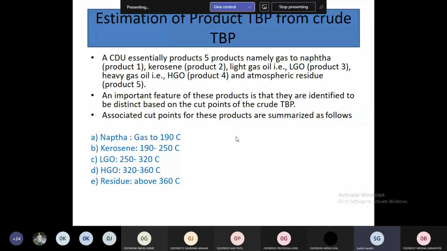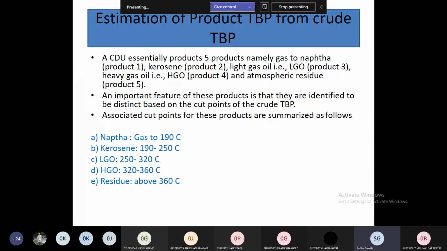So for the volume collected, maybe if I am saying for naphtha, I am able to get 50% of the crude oil distilled below 190 degrees centigrade itself, then what is the significance of that number? My conversion of crude oil to petrol by distillation itself will be much higher. 50% will be converted to naphtha fraction.